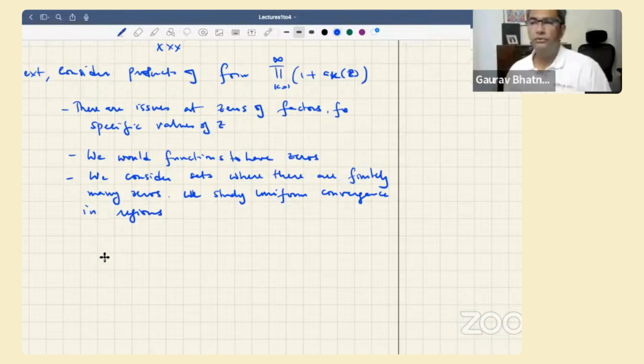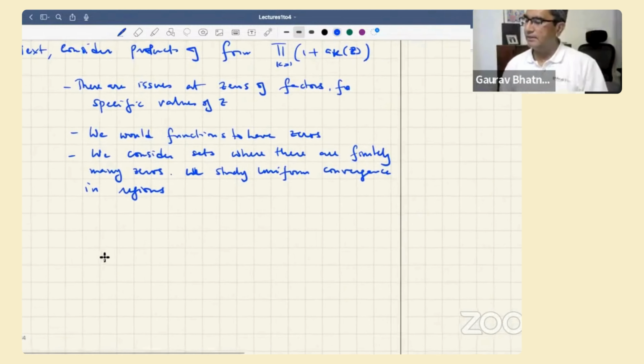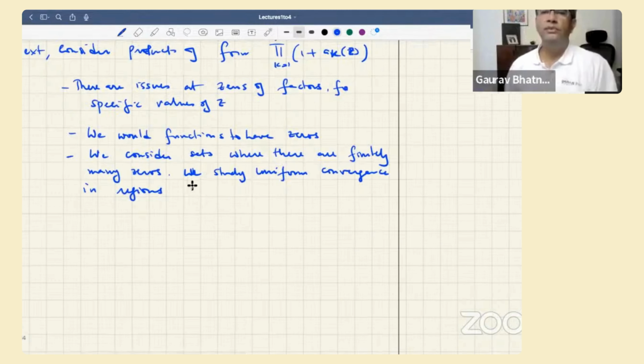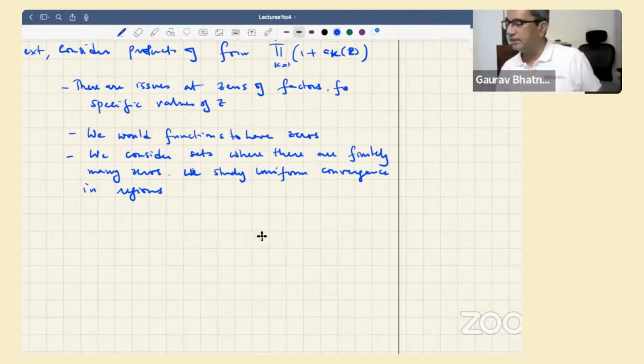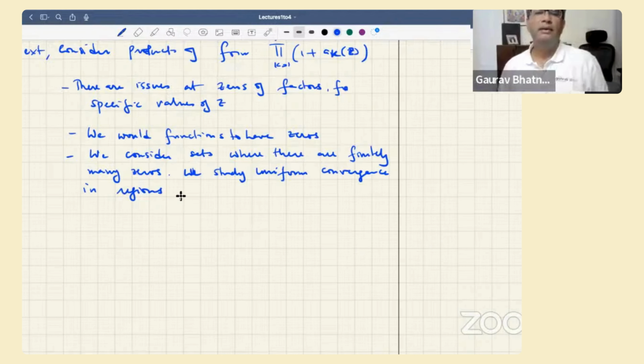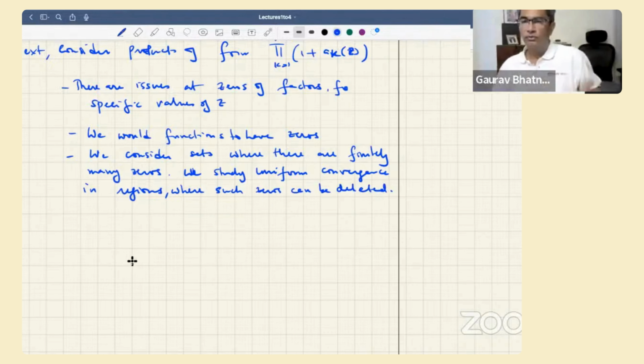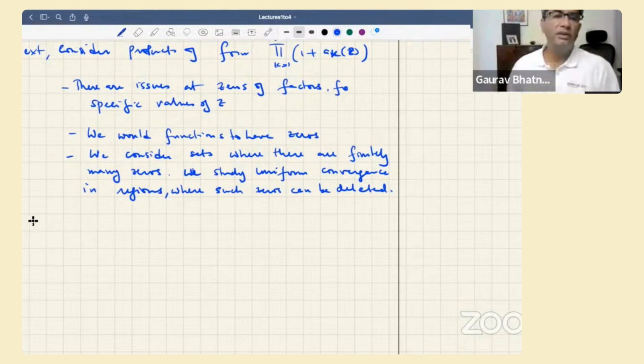Region means, as usual, open connected sets where we do complex analysis. So where such zeros can be deleted, and then later we can put them back. The theory basically works out very beautifully if you remove the zeros.